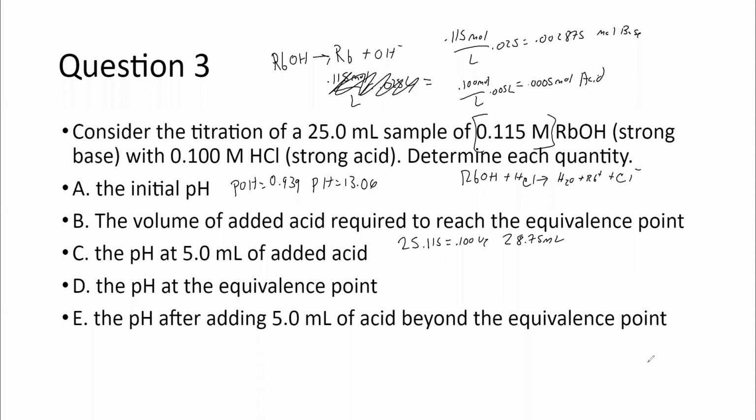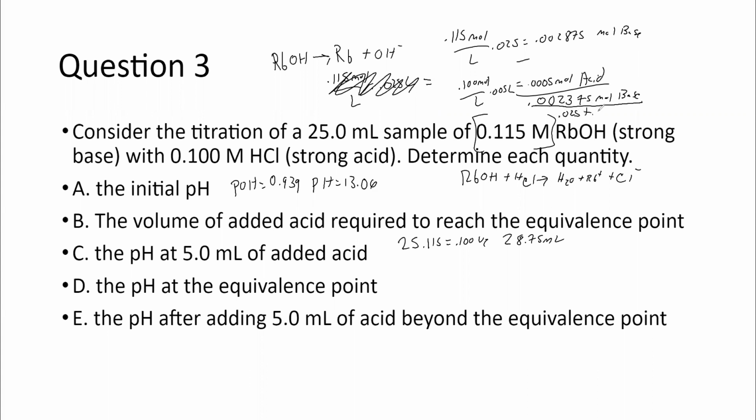So let me do that calculation, which is 0.002375. So the amount of base I have left over is 0.002375 moles of base. And again, since I'm doing pH, I need concentration. So I started with 25 milliliters.